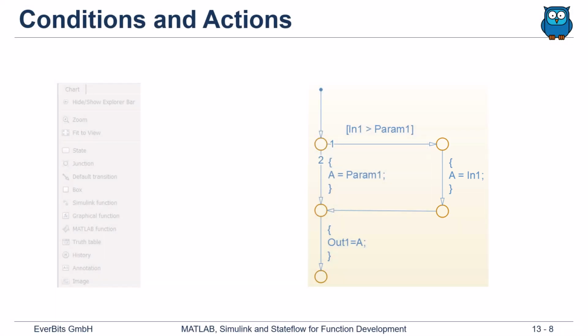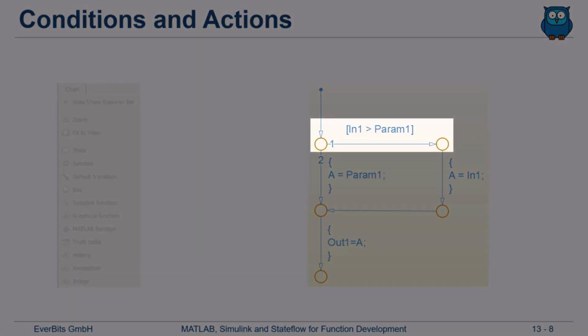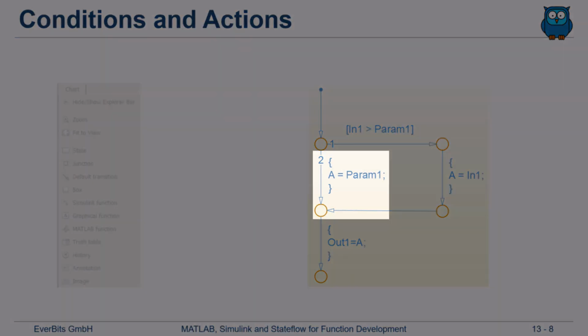Otherwise, if it is not true, so basically if in1 is smaller or equal to parameter 1, then the second transition will be taken, and so the second action will be executed. A is equal to parameter 1.